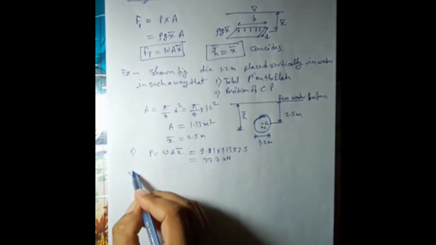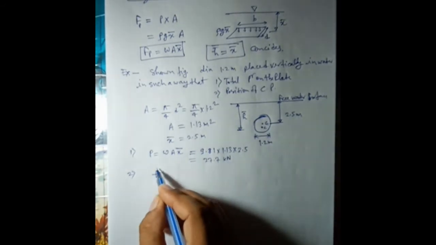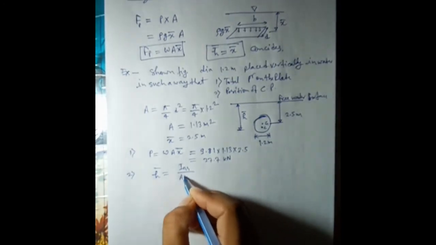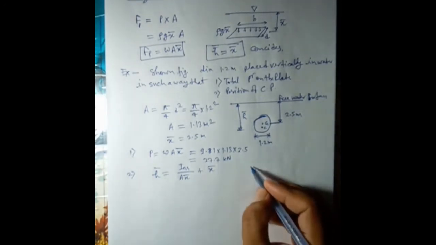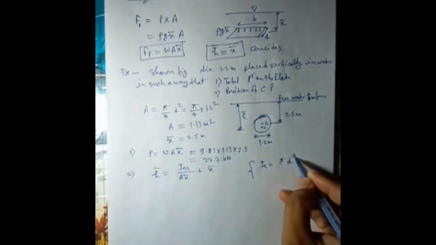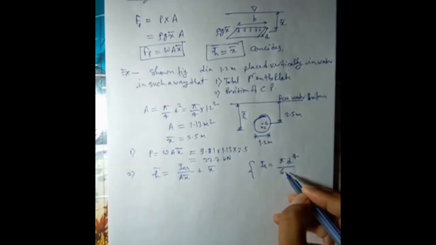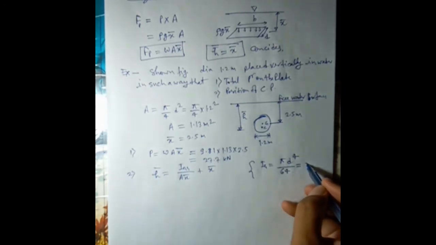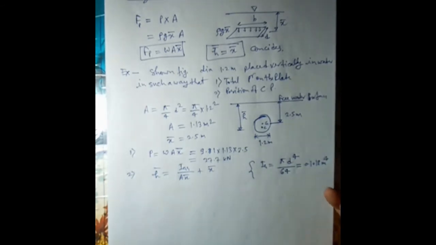Now second, position of the center of pressure of the plate. Using the relation h bar is equal to IG upon A x bar plus x bar. IG is calculated, since IG equal to pi d to the power 4 upon 64, as in the previous diagram, therefore equal to 0.1018 meter to the power 4. That is the unit.